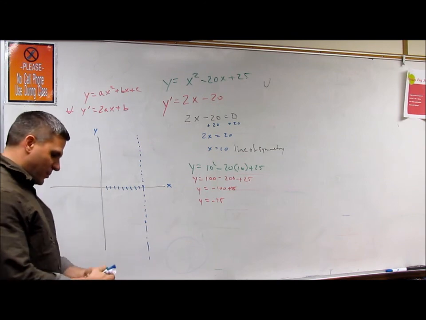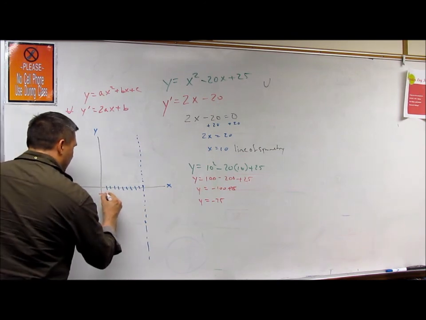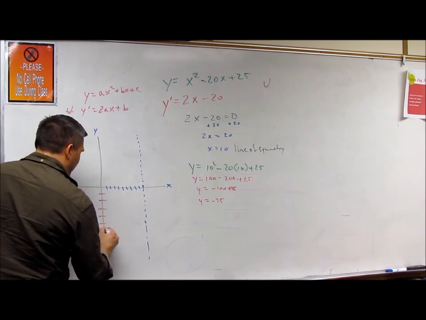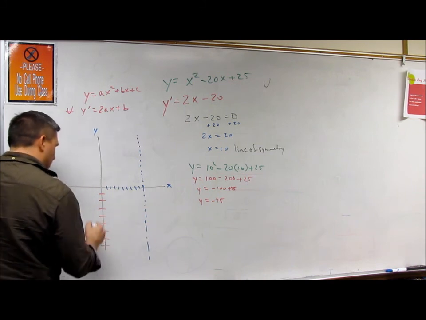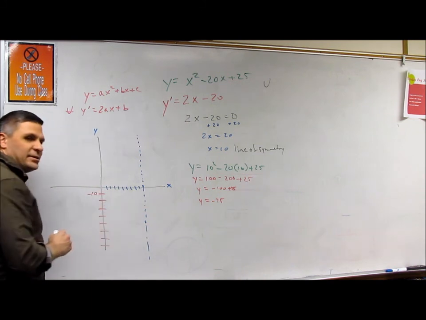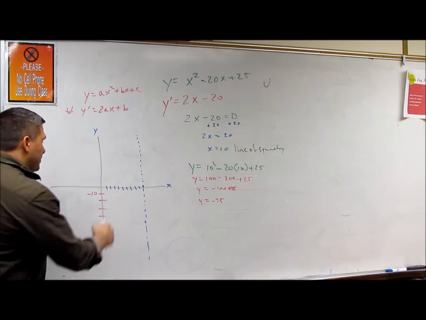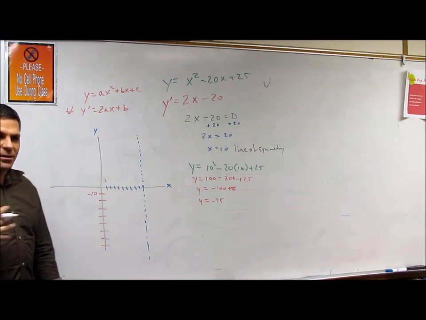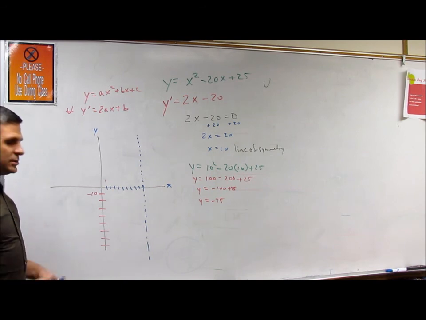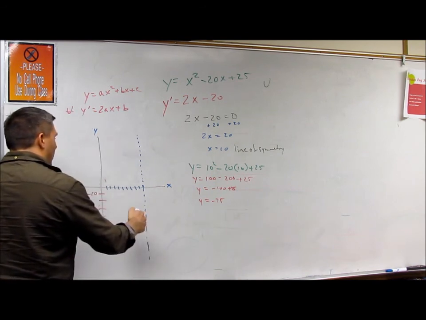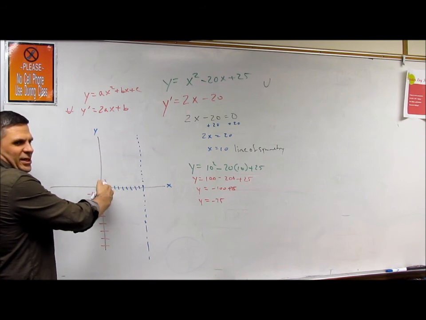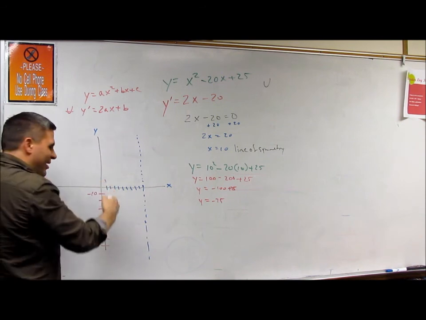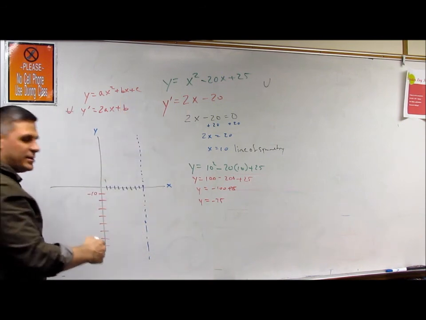Easy. 10, 20, 30, 40, 50, 60, 70, 80. So minus 10, right? This might be 1, but we don't have to be the same on our scale, right? Or I could bring this in and make this 10, but might not see it for what it is.